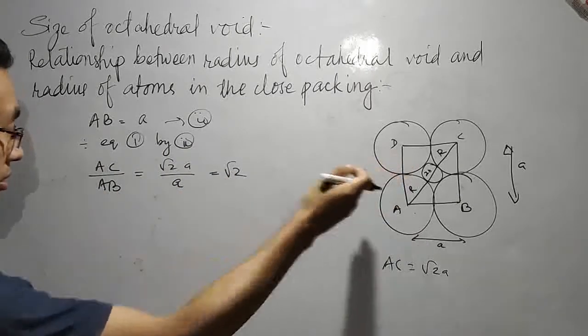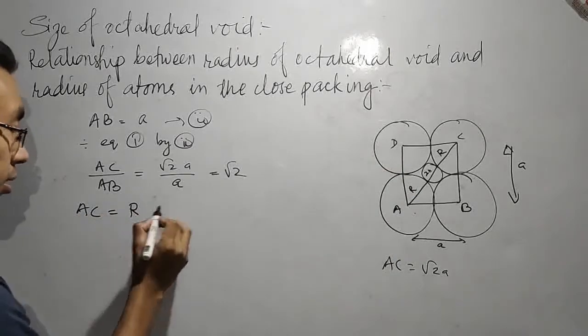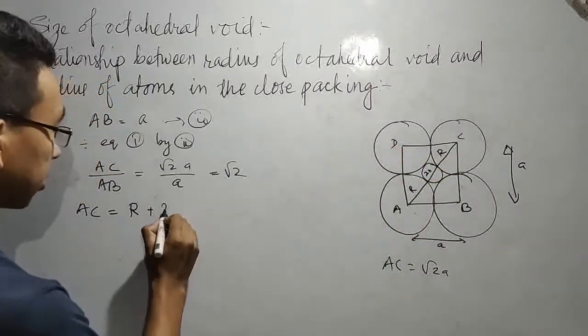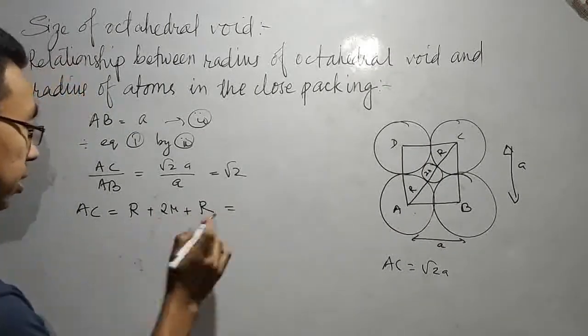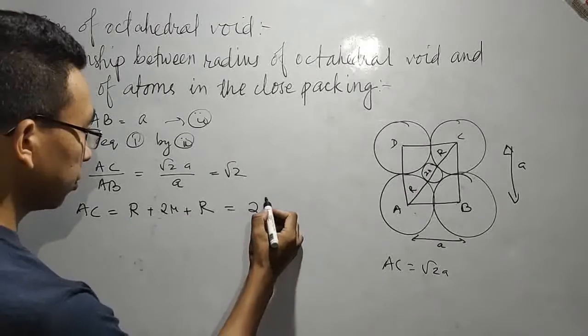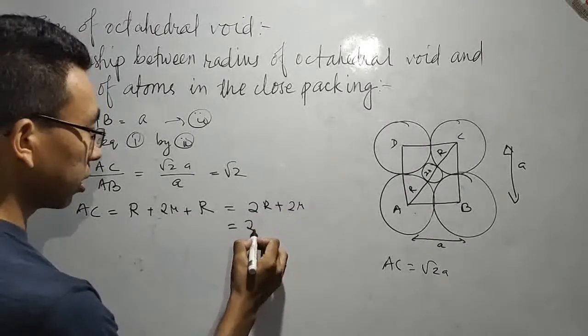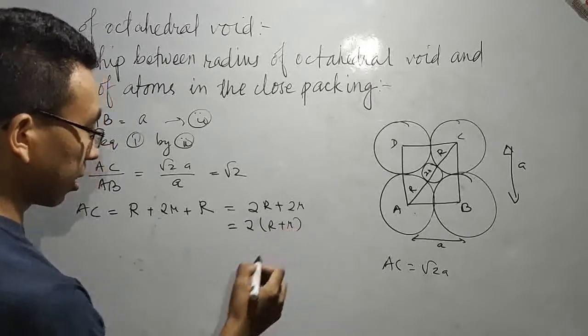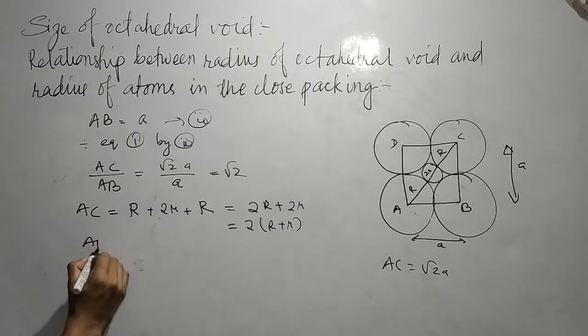AC equals R plus 2R plus r, so this will be equal to 2R plus 2r. I can also take it as 2(R plus r). Now the next one is AB.